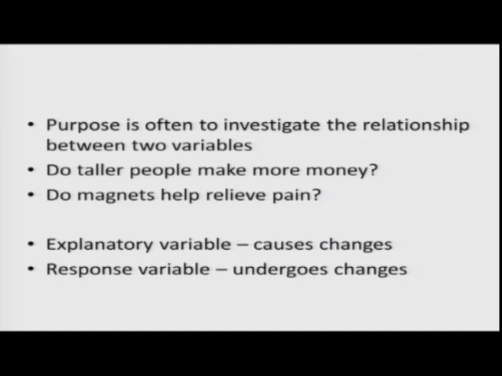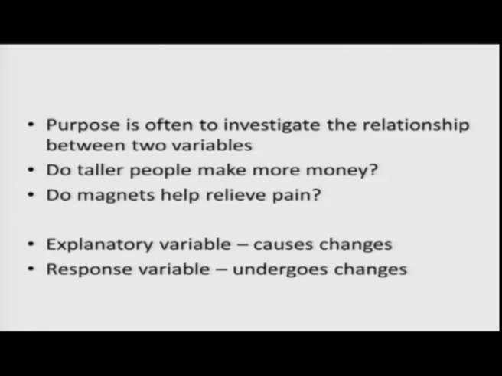These variables you can distinguish as explanatory variable and response variable. Explanatory variable is one which causes changes and response variable is one which actually undergoes changes. So, here magnets would be the explanatory variable because it causes changes.